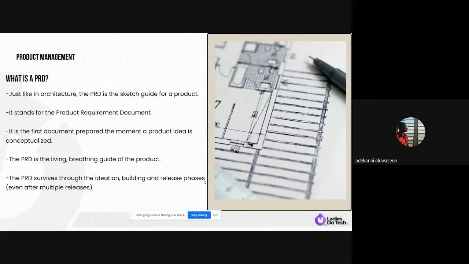All of that information goes into your PRD, right? Because even if a new product manager comes tomorrow and wants to take over from you, they can understand what exactly the product is doing, what had happened in the past, what is currently happening, and what will happen in future, right? So that is exactly what the PRD does.